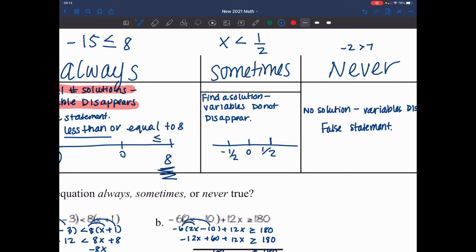And that's going to be x is less than 1/2. And when I shade that in, here's what I get. I get open, and I get everything down over here to the left of 1/2 because it's less than, right?